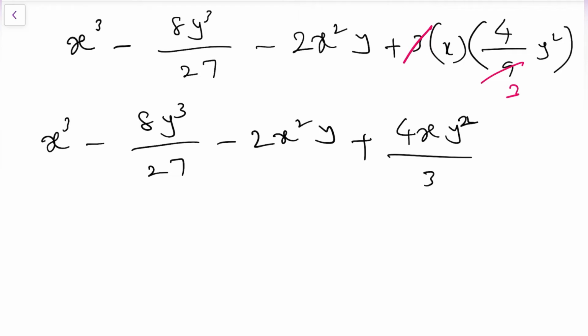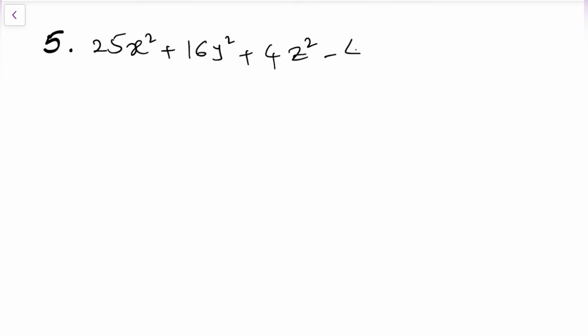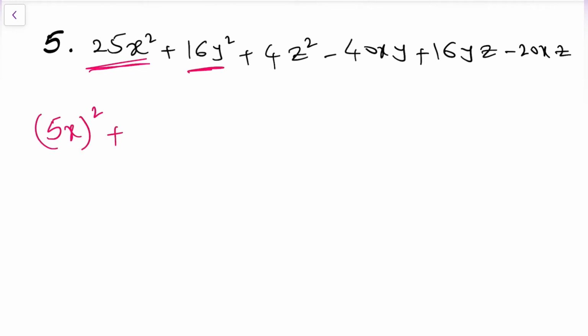Next, let us move to bit number 5. The fifth question we have 25x square plus 16y square plus 4z square minus 40xy plus 16yz minus 20xz. 25x square can be written as 5x whole square, plus 16y square can be written as 4y whole square, plus 4z square can be written as 2z whole square.